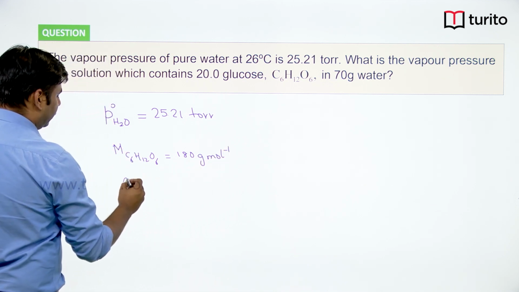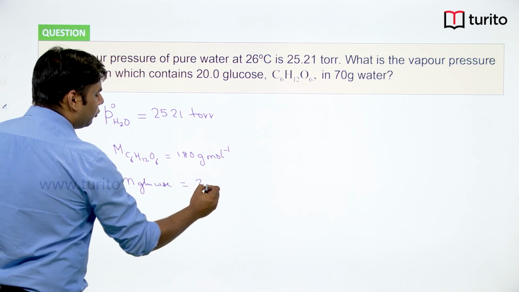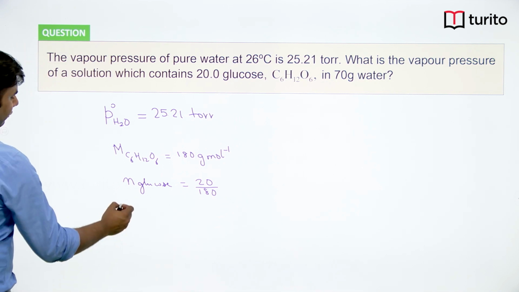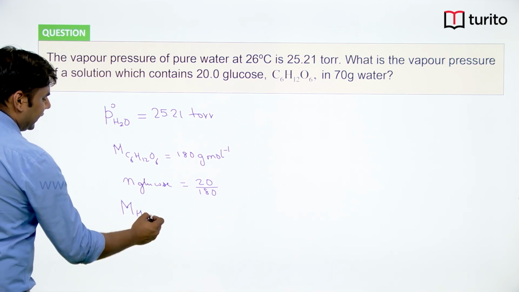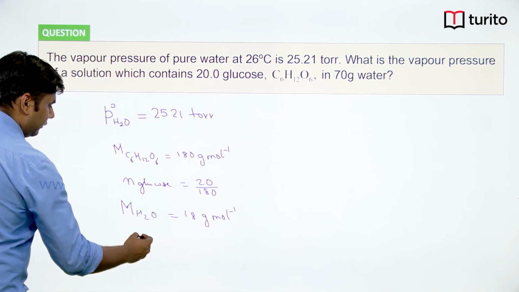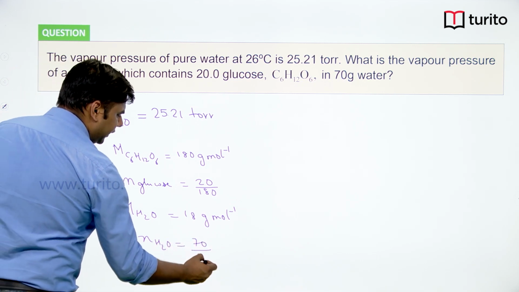The moles of glucose would be its mass upon molar mass. Similarly, the molar mass of water is 18 gram per mole, so the moles of water in this case would be 70 upon 18.